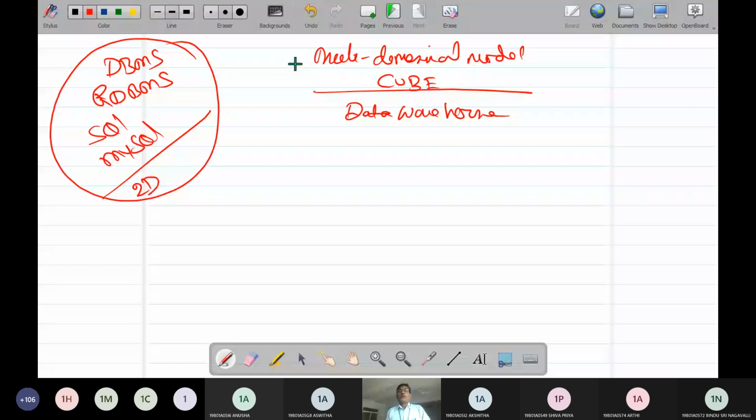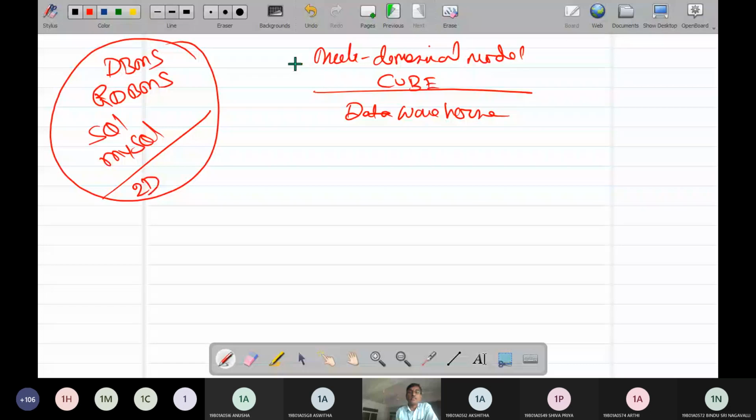Data will be plotted in hierarchies. Data will be moved into different hierarchies, and thereby they are going to be assigned in the form of a cube. This is what represents the things in a cube.